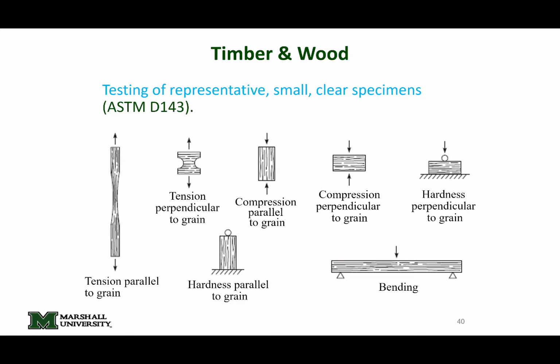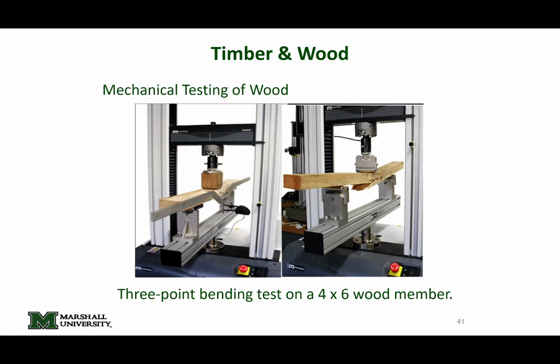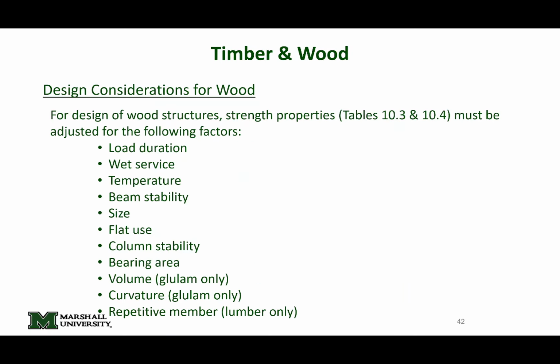The big thing with testing wood specimens is that they have to be clear: completely free of defects, no knots, no geometric issues. That's probably the hardest part. But once you get the specimen, it's really no different than any other test. We're going to do these tests next week on our concrete beams, not on wood, and we'll do those together.